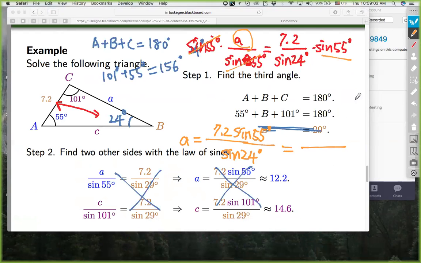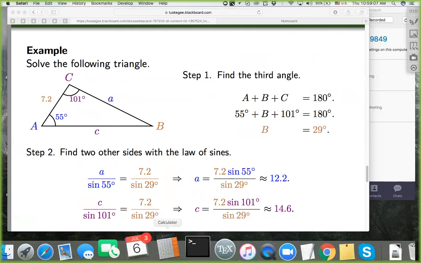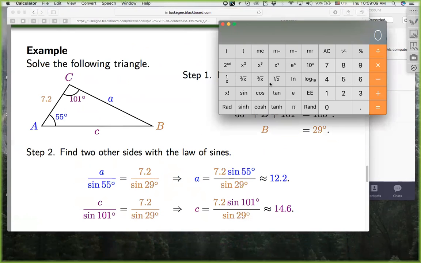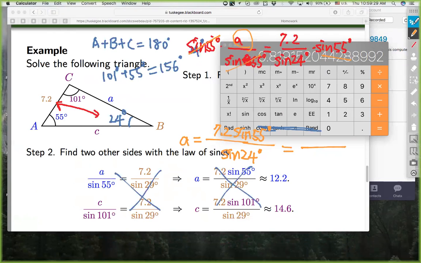Okay, let's do it here. Use a calculator. So 7.2 times sine 55 equals 0.8191. So write it down. That's 0.81915. Let's use one more digit.